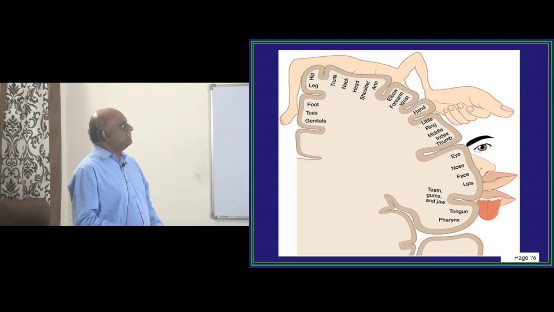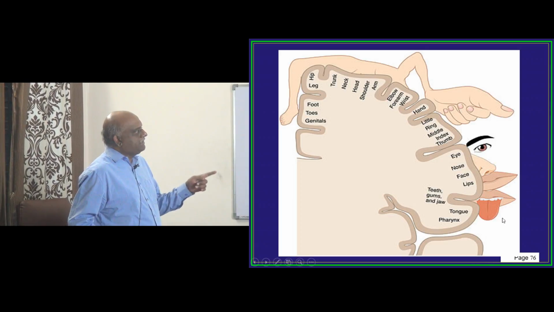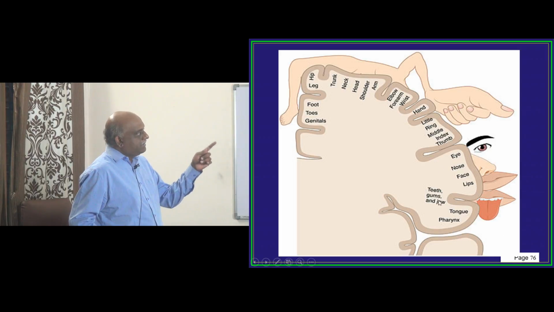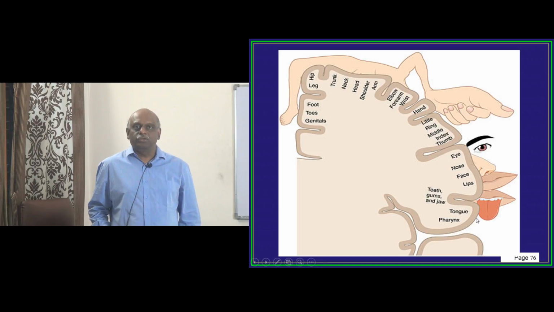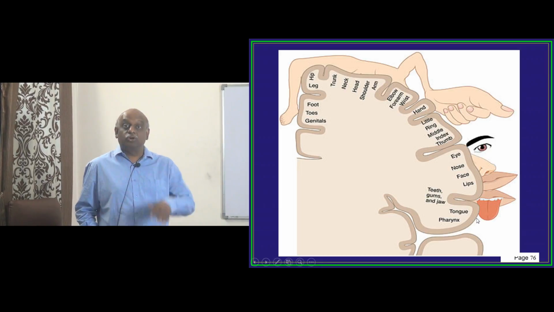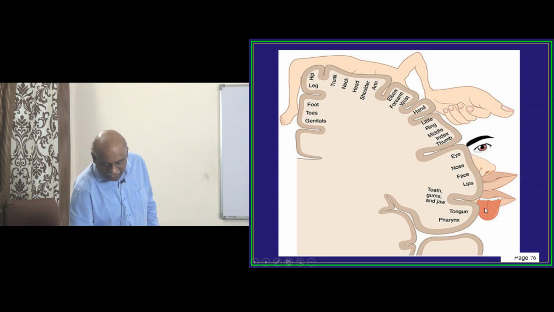So if you look at the somatosensory cortex, head, tongue, lips, eyes, oh my God, such a big area they took over. So the real estate for your head in the somatosensory cortex is very big, is what you need to remember.